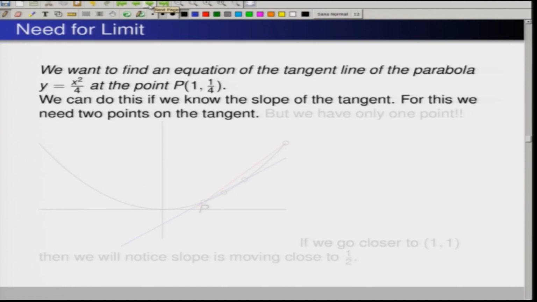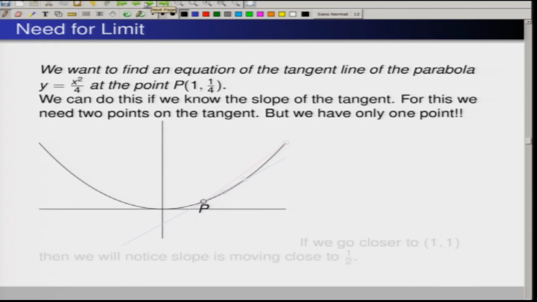Let us try to do this. Let us get the parabola, and here is the point P at which we would like to find the tangent passing through P. Now, we do not know any other point. So, what we do instead is take any point Q on the parabola.